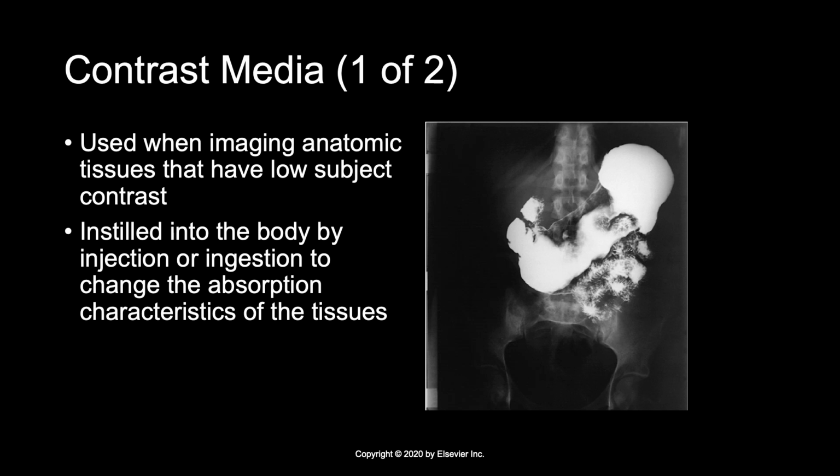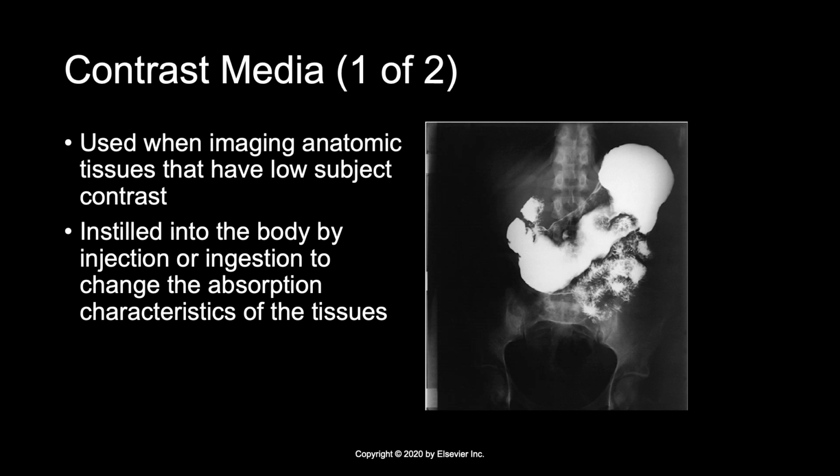Even though the negative contrast agents are going to decrease the attenuation of the part being examined, their use does not require a change in exposure factors. The negative contrast agents can also be used in conjunction with positive contrast agents, like for a double barium enema study. We're using barium and air.